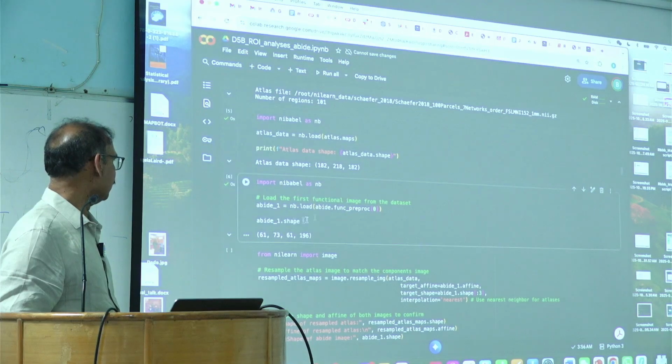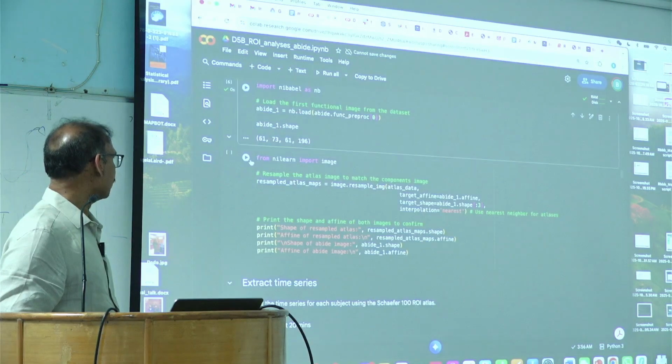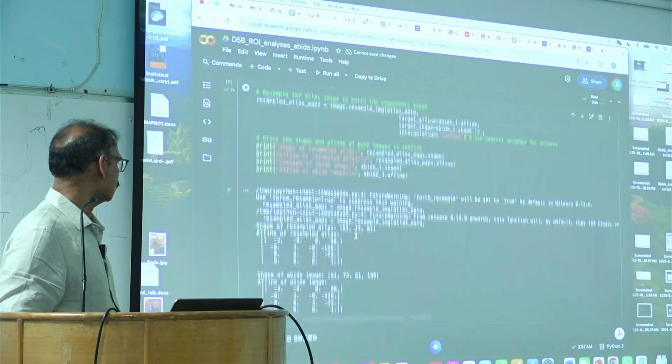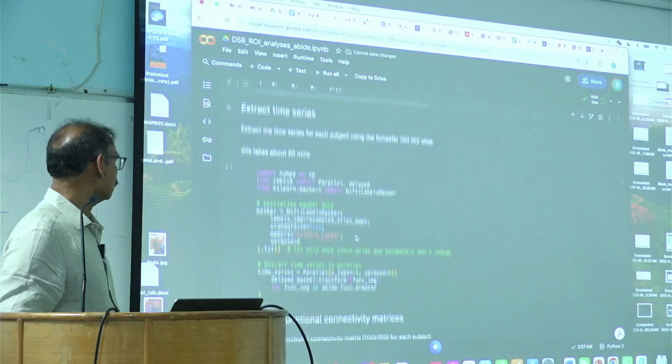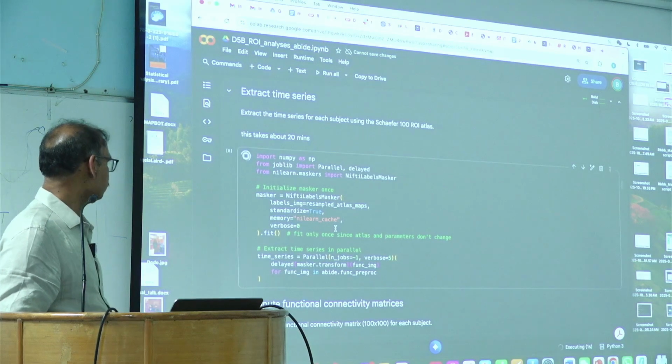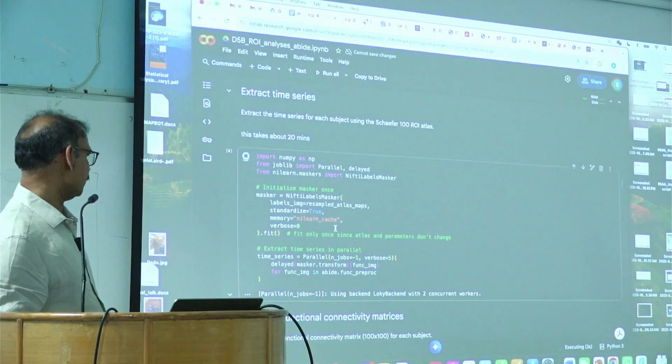And then ABIDE, these are the pre-processed data. And then we extract the time series.